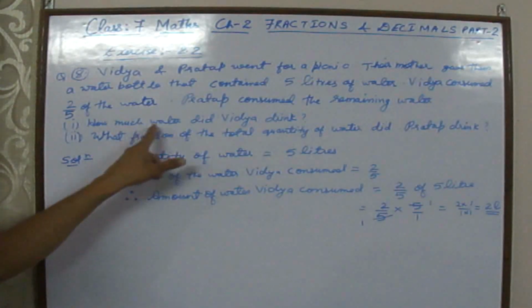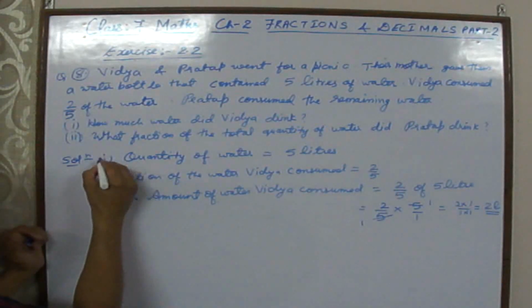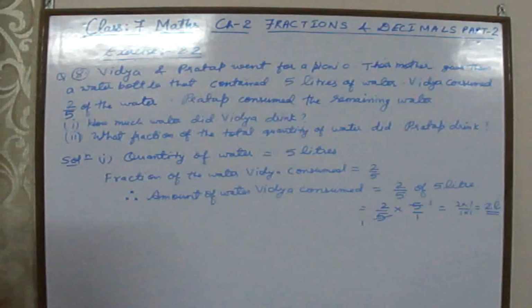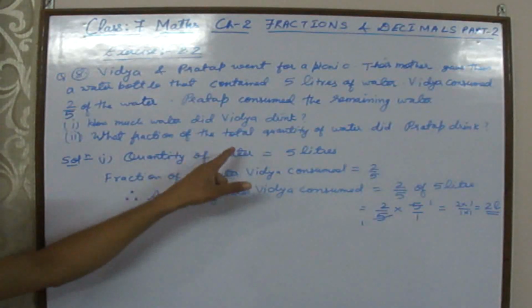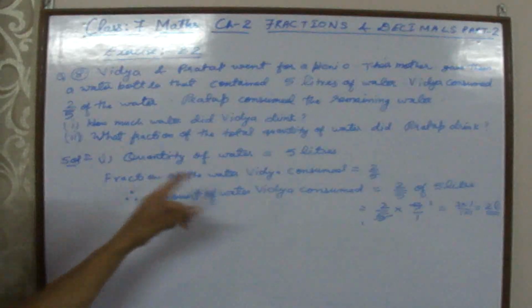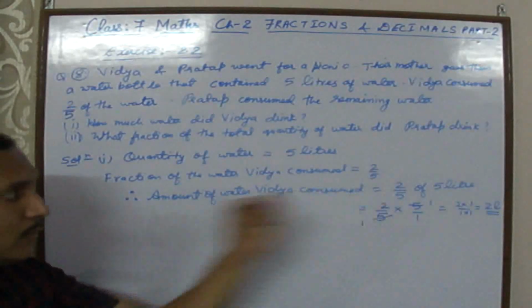Now how much water did Vidya drink? This is the first part, and the first part is completed. Vidya consumed 2 liters. Now second part, what fraction of the total quantity of water did Pratap drink? Total quantity of water is 5 liters and Vidya consumed 2 liters.